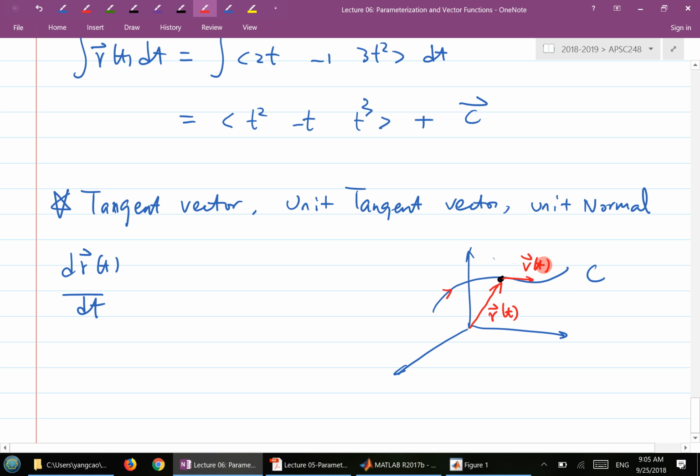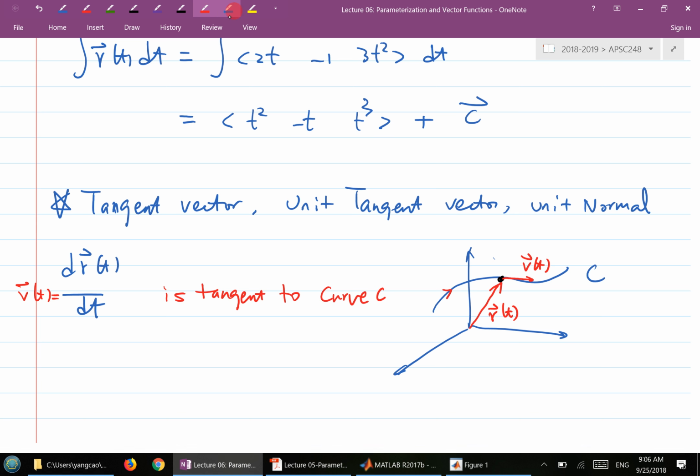And the velocity is always tangent to the trajectory the point is moving along. So this v of t must be tangent to the curve C.